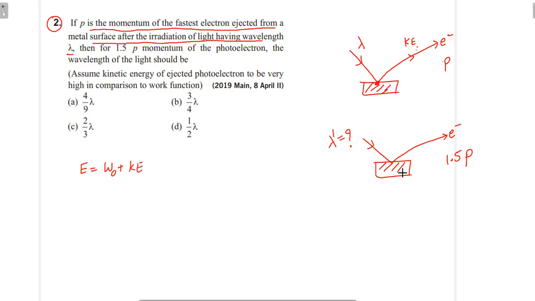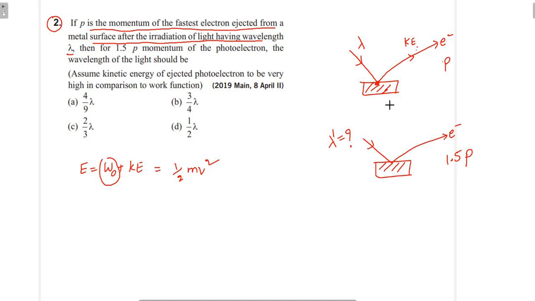The threshold energy is the same in both cases, so you can assume this is a very small value, and that equals half mv square. Kinetic energy is half mv square.